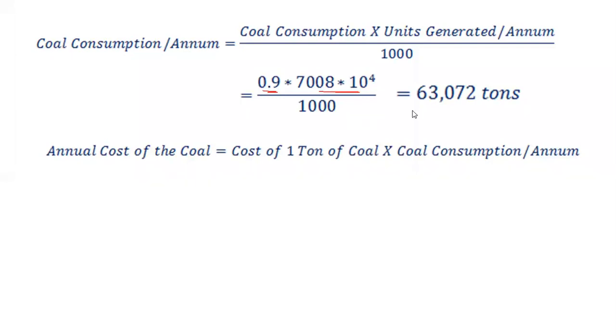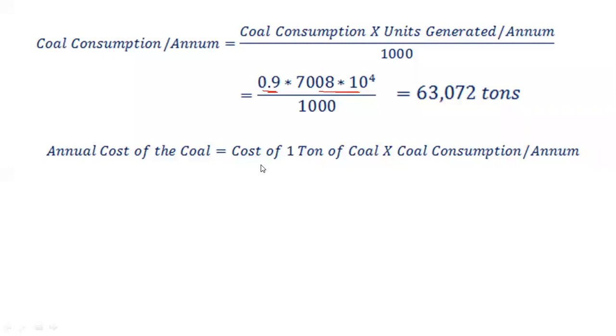Now all the data is available. That is cost of 1 ton of coal into coal consumption per annum. In the problem, the cost of 1 ton of coal is given as 300 rupees, and the coal consumption per annum is 63,072 tons.